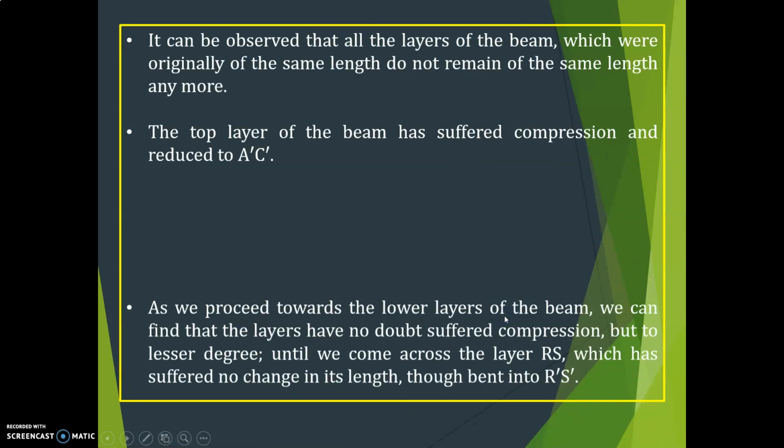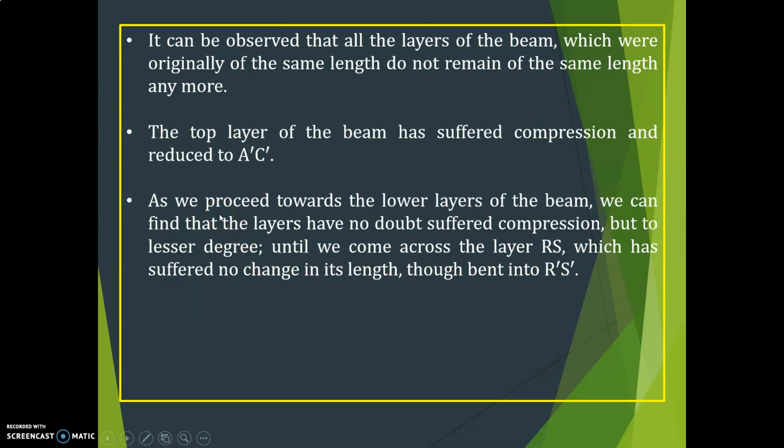As we proceed towards the lower layers of the beam, we find that the layers have suffered compression, but to a lesser degree. On the top layer there is more compression.